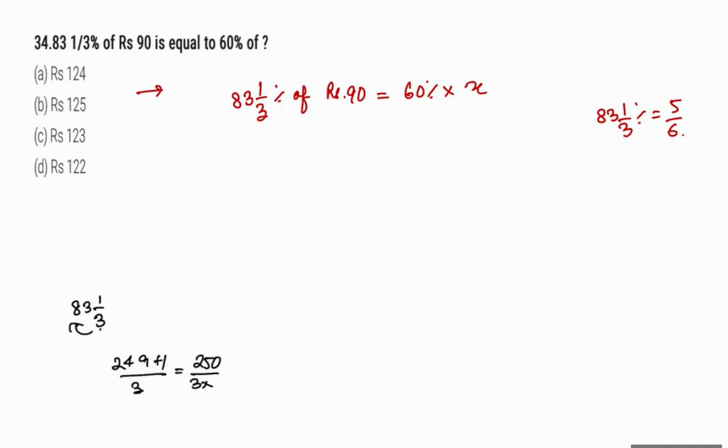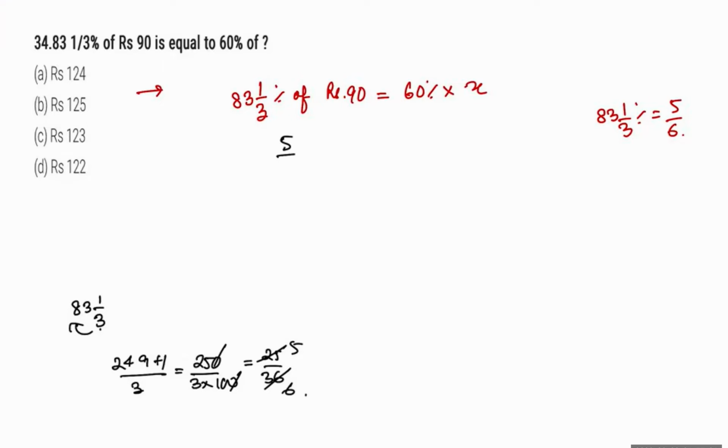Divided by 100, it cancels to 25 by 30, which is 5 by 6. So 83 1 by 3 percentage is 5 by 6.